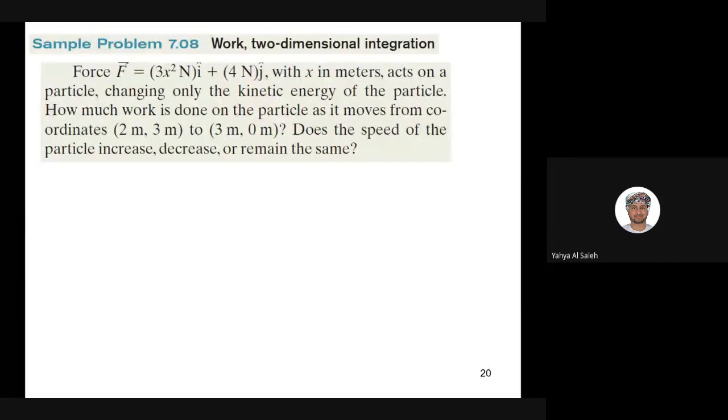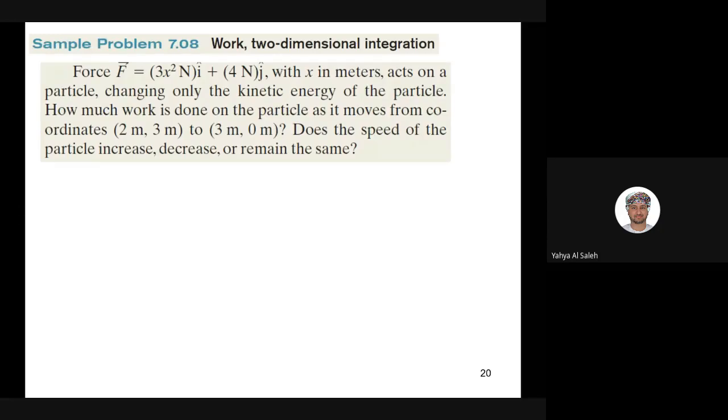We have a force which is 3x squared newtons in the i direction plus 4 newtons in the j direction. So this is a two-dimensional force in the xy axes or ij directions, and it is not a constant force, it is a variable force. How much work is done on the particle as it moves from the coordinates 2, 3 to 3, 0? And does the speed of the particle increase, decrease, or remain the same?